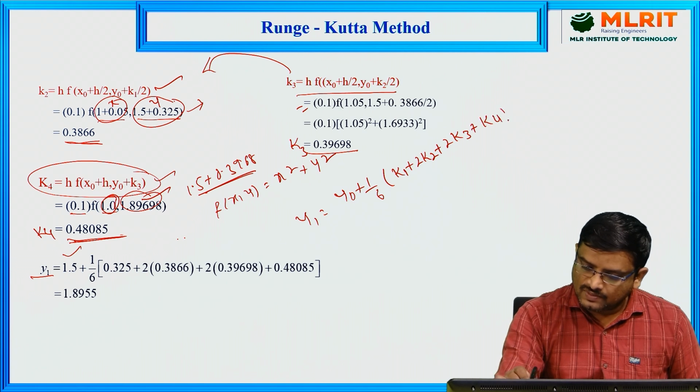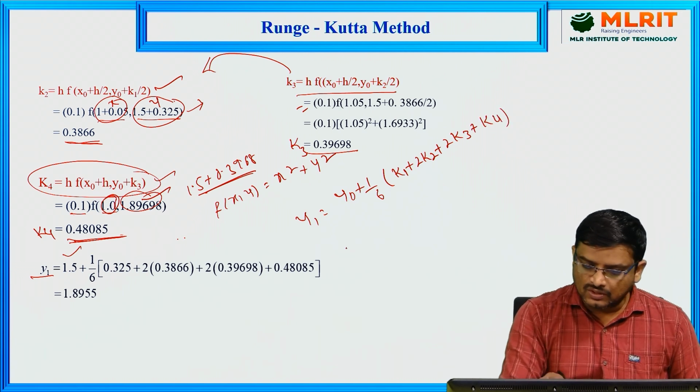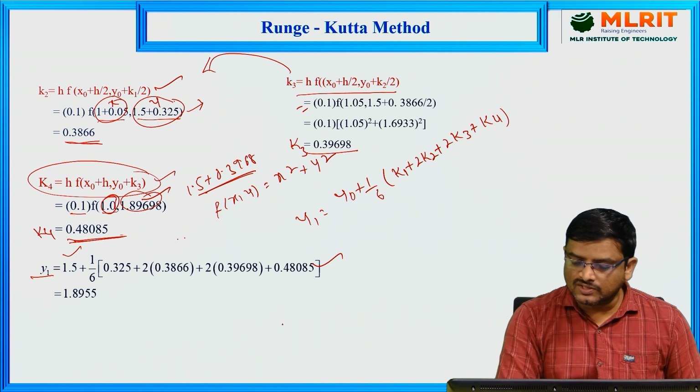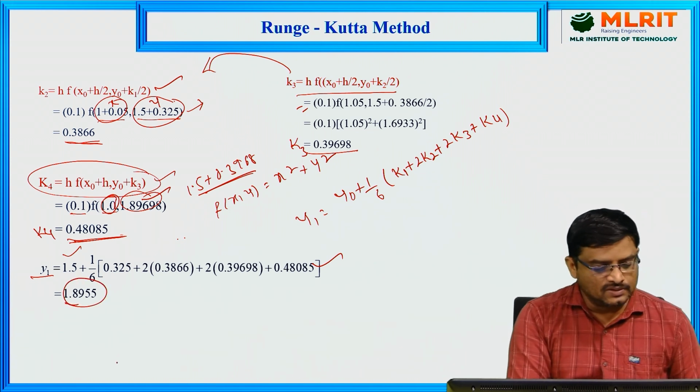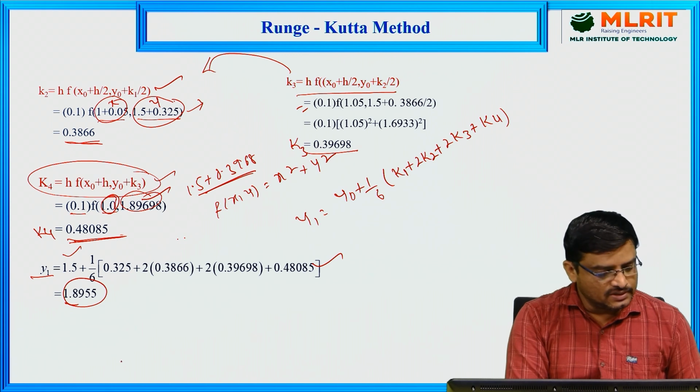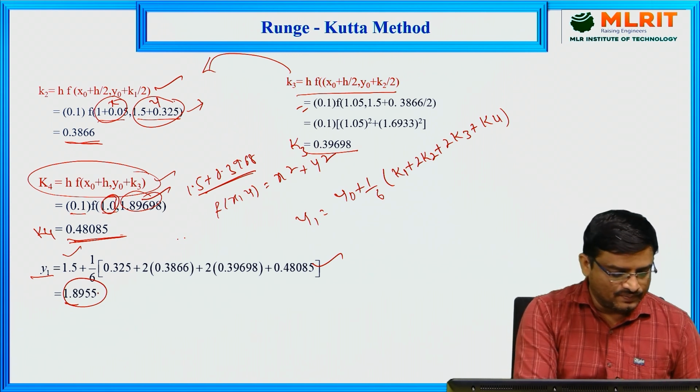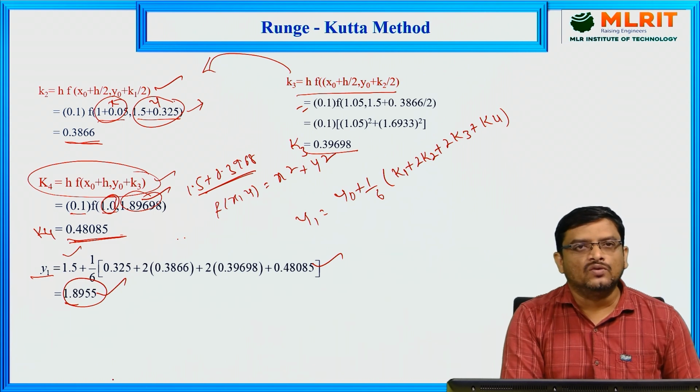This is the formula. So substitute all these values that we got in place of k1, k2, k3, k4 and simplify. This is our final value. Here we will get y1 is equal to 1.8955. This is our final value of y1.